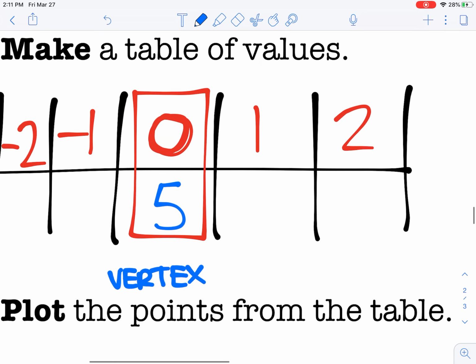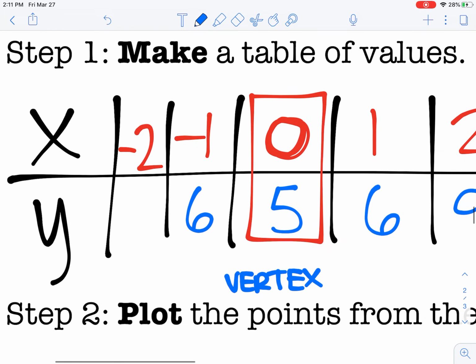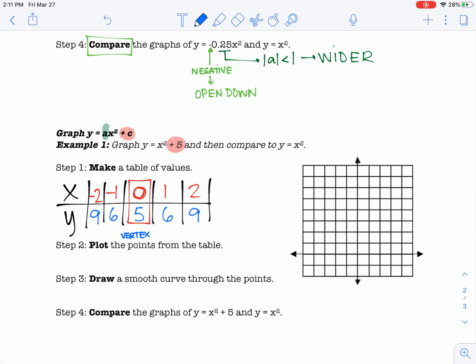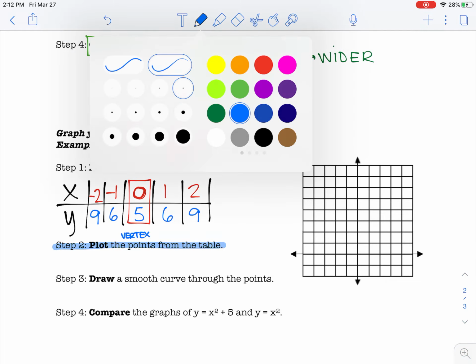I believe when you put 1 and -1 in, you should get 6. And you would put 2 and -2 and you should get 9. Now I've adjusted the x-axis, so we should be able to get these points pretty close to fitting on here. So step 2, go ahead and plot your points.